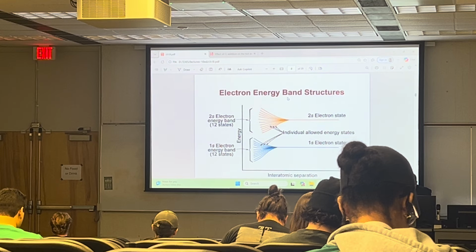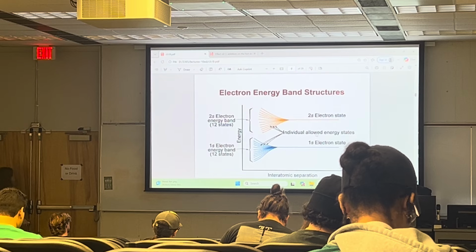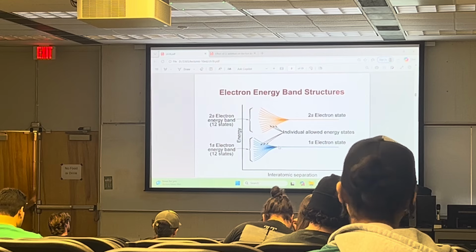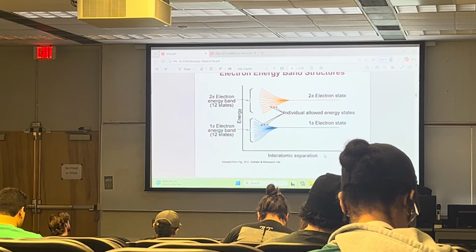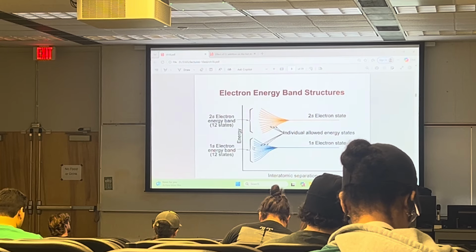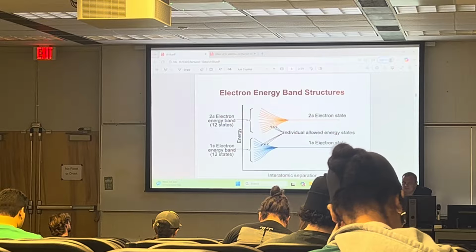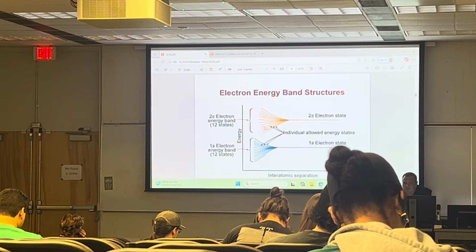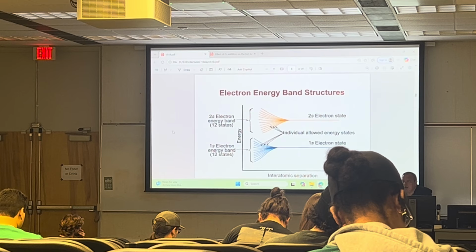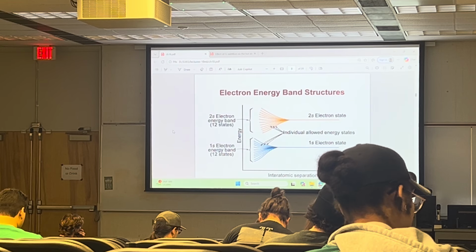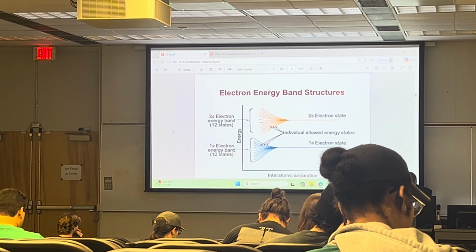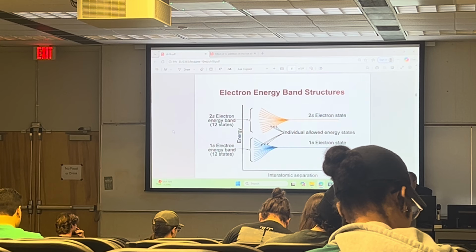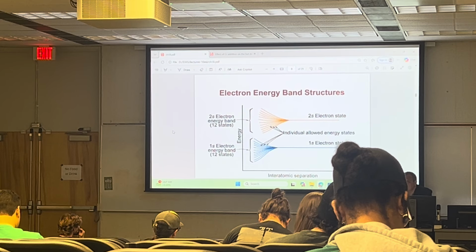This is the electron band structure of 1s electrons versus interatomic separation and interatomic space. So this is 1s electron and this is 2s electron state. How is current transmitted? What is the carrier of the current? Electrons. Okay.